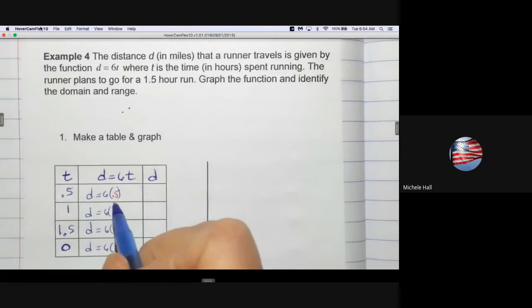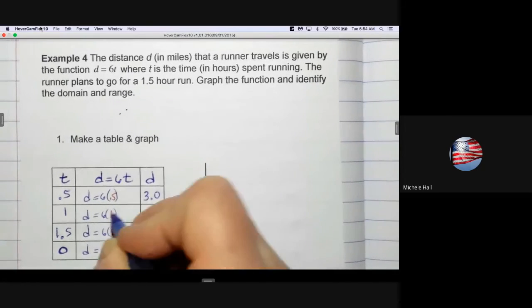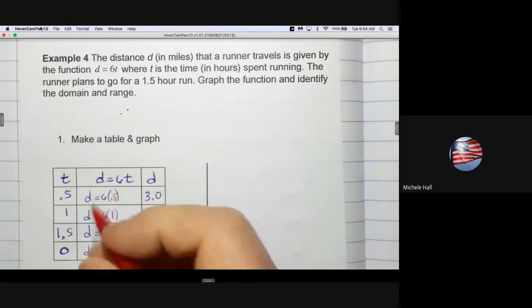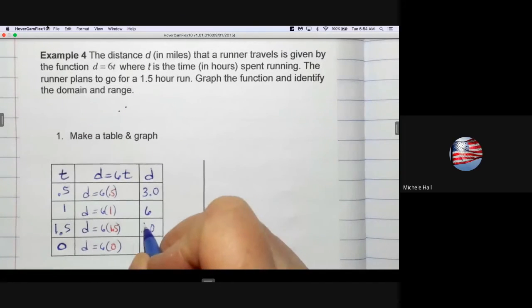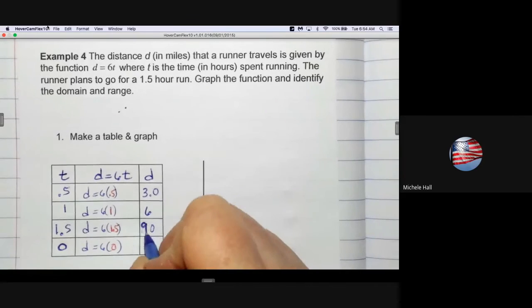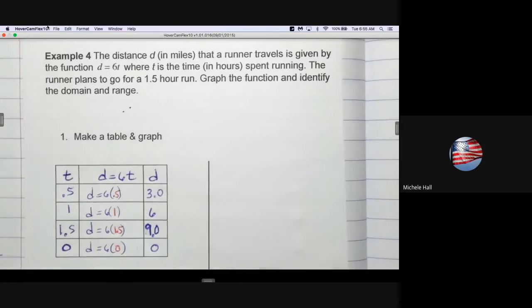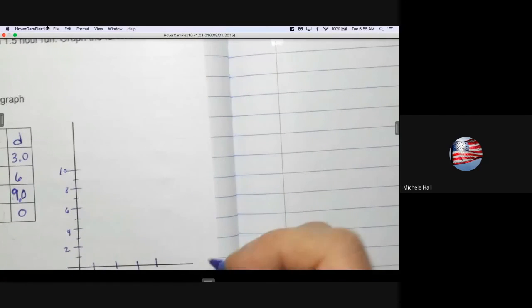Six times 0.5. 6 times 5 is 30 with 1 decimal place. 6 times 1 is 6. 6 times 1.5 is 9. And then 6 times 0 is 0. Okay. We have that this is the time.